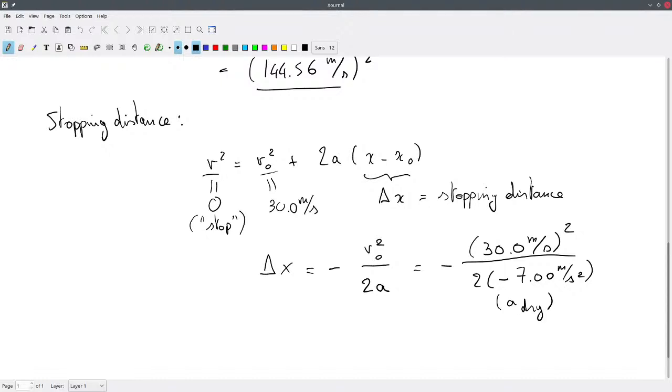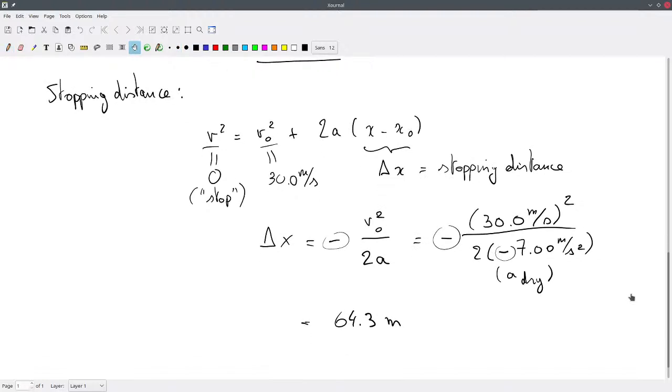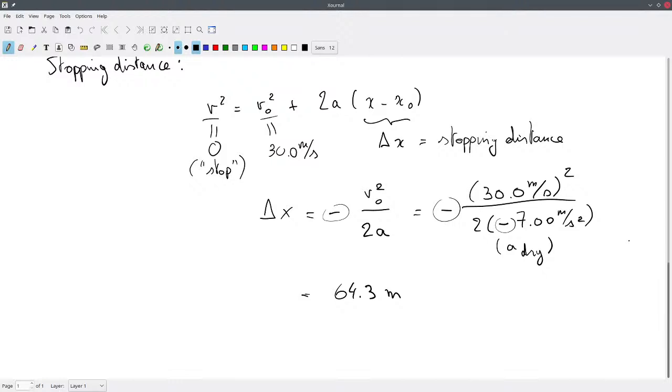Okay. So we can plug in the numbers here. 30 squared over 2 times 7 will give you 64.3 meters. And you'll see that this negative sign that came from our formula cancels with the negative sign in the acceleration, or the deceleration. So this is for dry conditions.